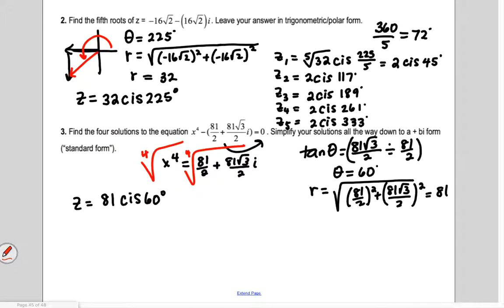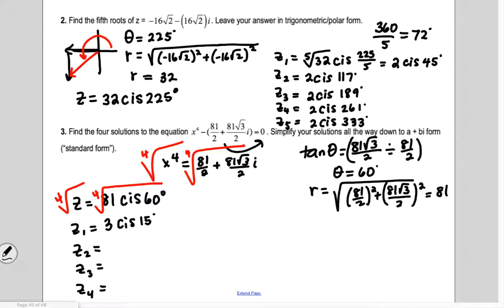So if I'm taking the 4th root of that, I'm going to get 4 solutions, z1, z2, z3, and z4. The 4th root of 81 is 3. 60 divided by 4 is 15.